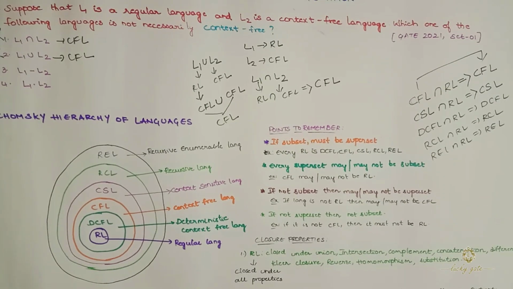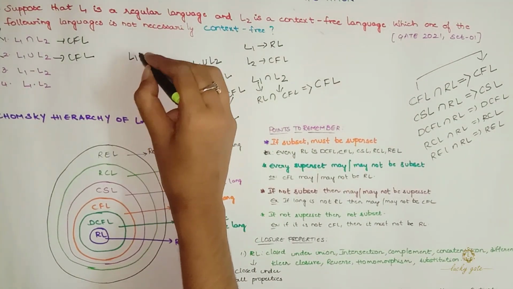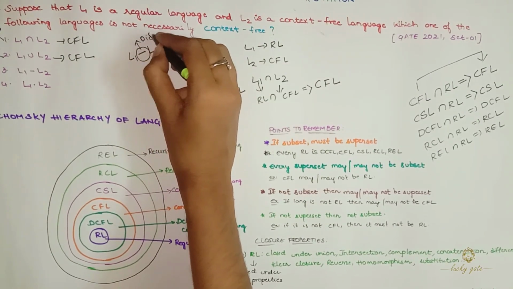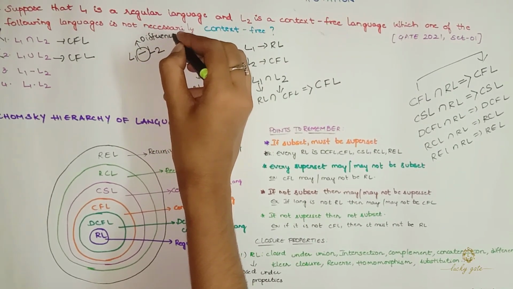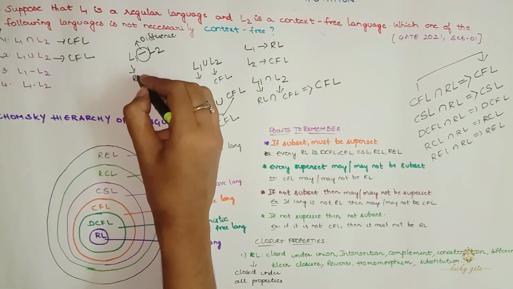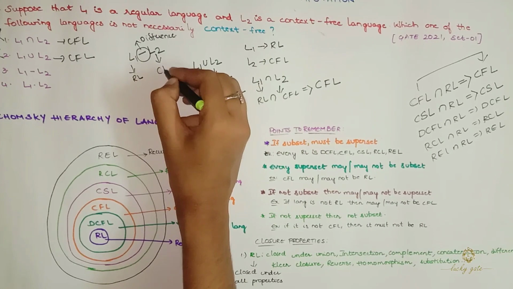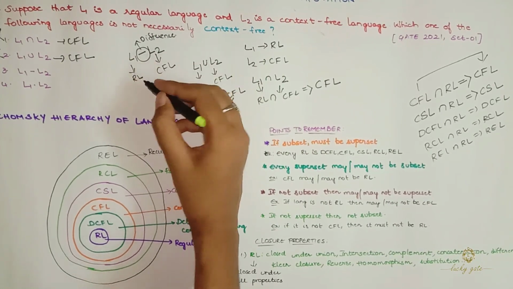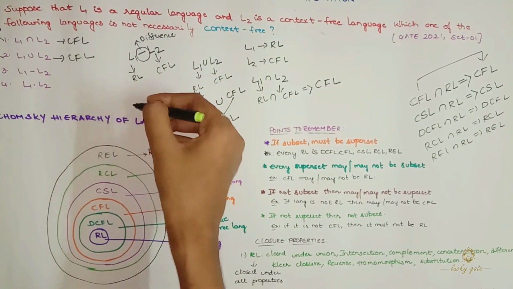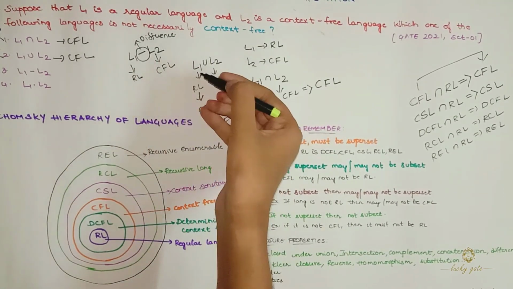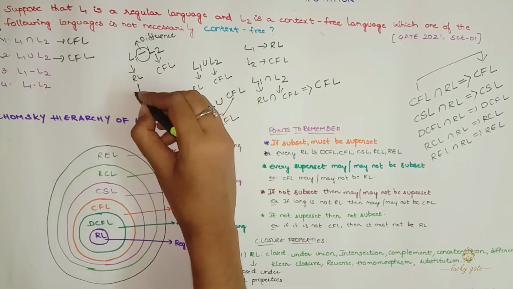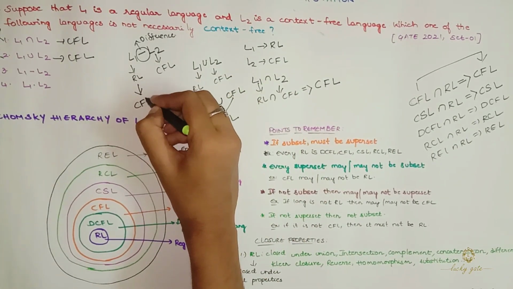Now the third one, L1 minus L2. This is the difference. L1 is a regular language and L2 is a CFL. According to the Chomsky hierarchy, if a language belongs to RL, then it also belongs to the superset, that is CFL. So we can write L1 also as a CFL.